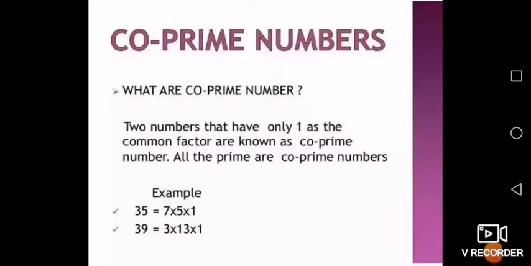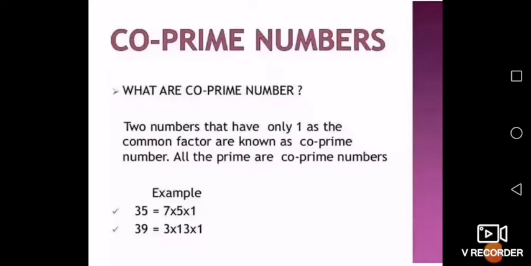It is not necessary that all co-prime numbers must be prime numbers only. They can be composite numbers also. Just now we will see a few examples in which you have composite numbers, but between those numbers you have one as the common factor.